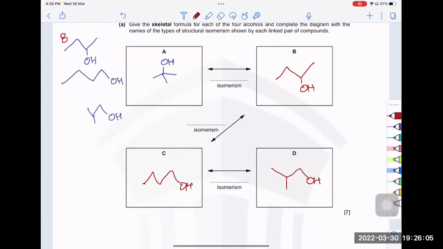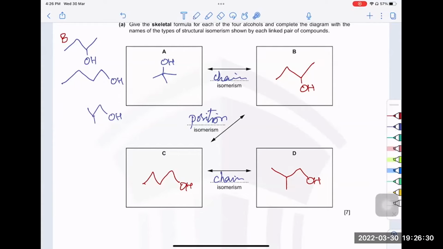OH. Okay, what kind of isomerism is this? This one going to a secondary alcohol, you just change the chain, or this one is position isomerism, because the chain is still the same, but I have moved where OH is. And this one again is chain isomerism, because I have changed the chain.